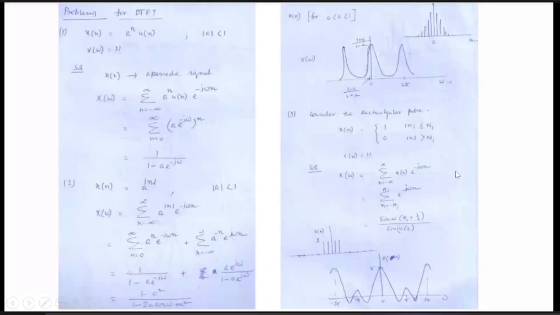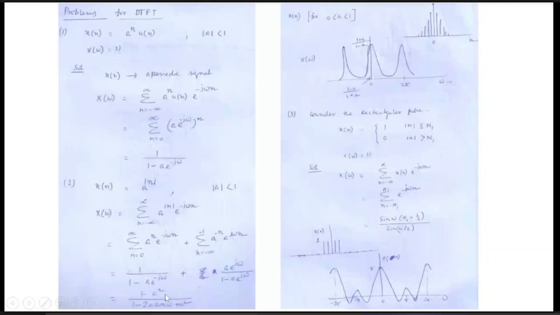We calculate the discrete time Fourier transform. So according to the formula, summation of x[n] e to the power minus j omega n. Then after calculating this summation, you find this series converges to 1 by 1 minus a e to the power minus j omega, plus a e to the power j omega divided by 1 minus a e to the power j omega.